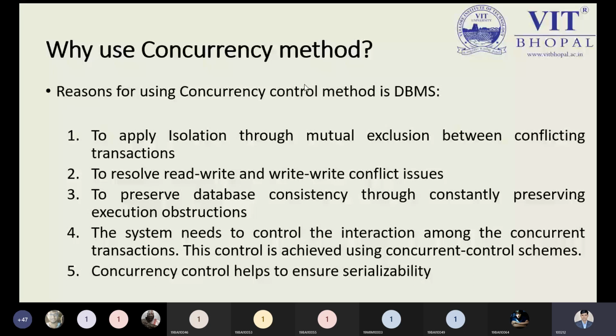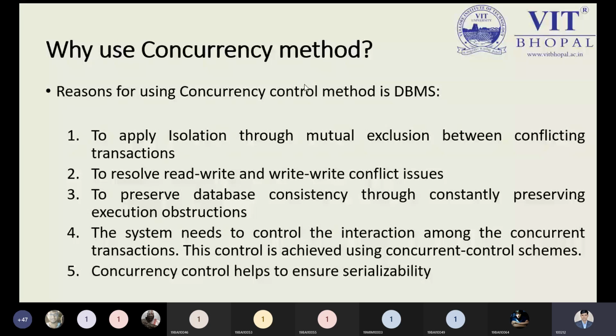While read or write operations are performed by two different transactions on the same data item, a conflict issue may occur. So how to resolve such an issue, and how to prevent such kinds of issues, the concurrency method will be applicable. The third point, a necessary point, is to preserve database consistency. When talking about conflict serializability, during concurrency we are dealing with inconsistency.